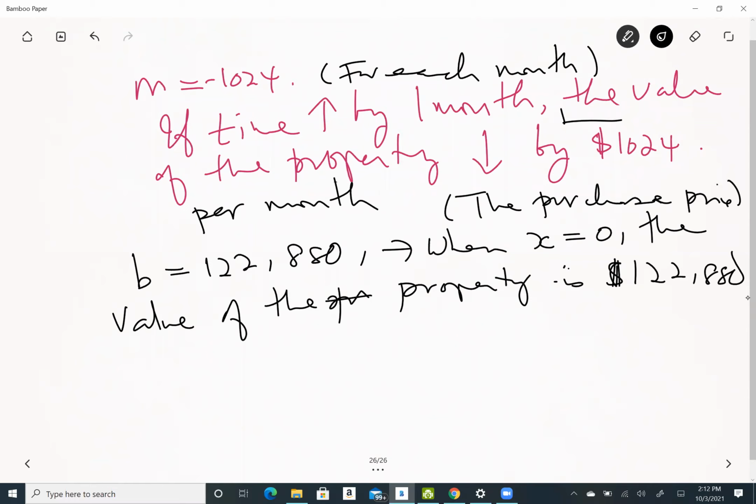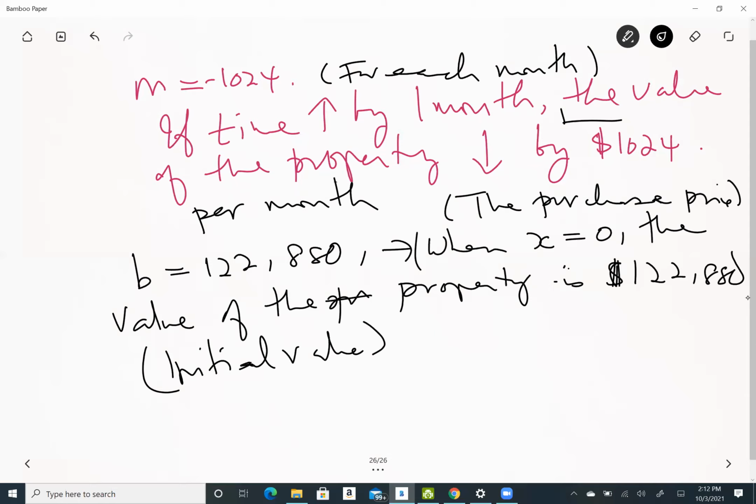But sometimes it's good that we stick to the concept: when x equals 0, that means initial value. So you can also say the initial value of the property is 122,880, or the purchase price is 122,880.